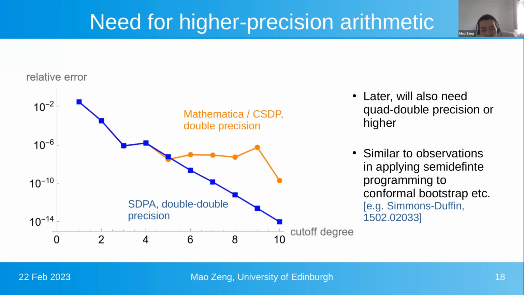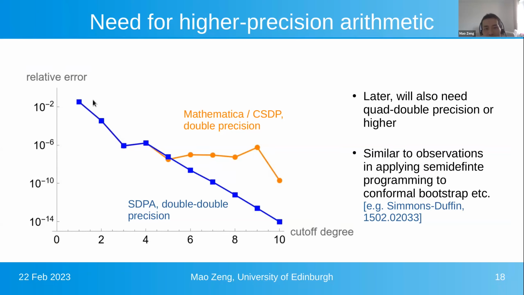Okay, and as people have also seen, there are numerical accuracy problems that kick in if you raise the cutoff degree. If I use the typical machine precision calculations, the exponential convergence pattern fails to hold once I go beyond the cutoff degree of 5.